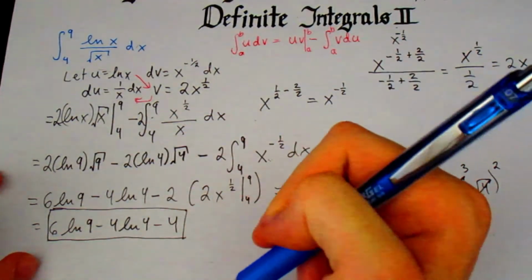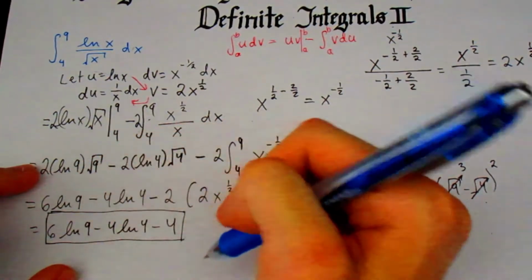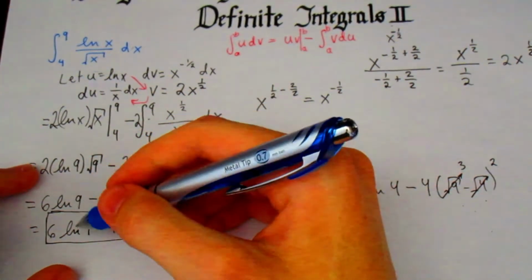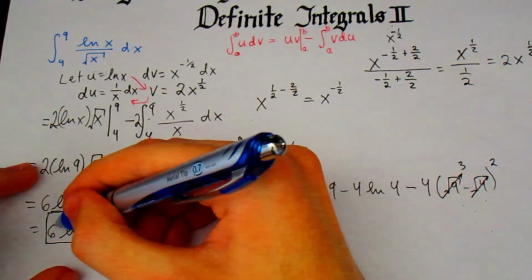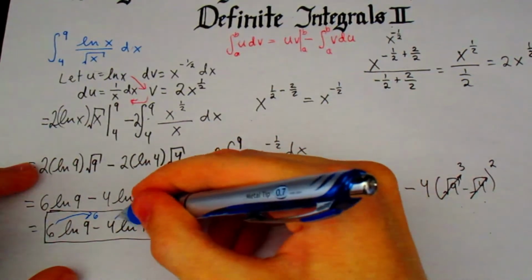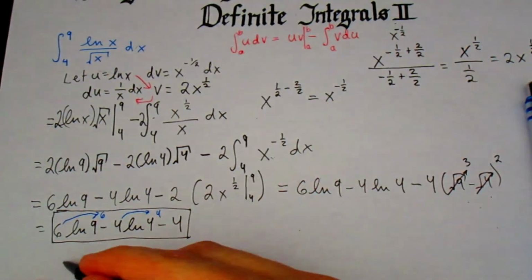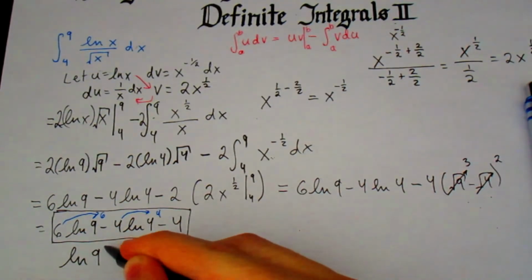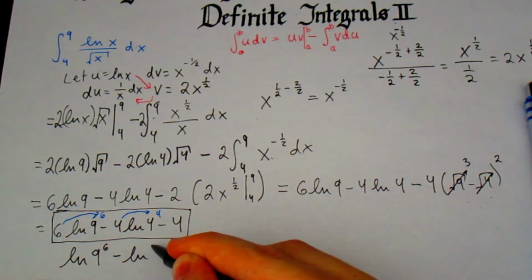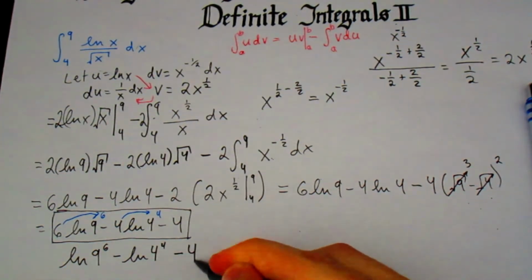I've actually simplified this down to a decimal, in fact, which I'll get to. Using the property of log and natural log, this 6 could be pulled up here, and this 4 could be pulled up there. So you're left with the natural log of 9 to the 6 minus the natural log of 4 to the 4th minus 4.